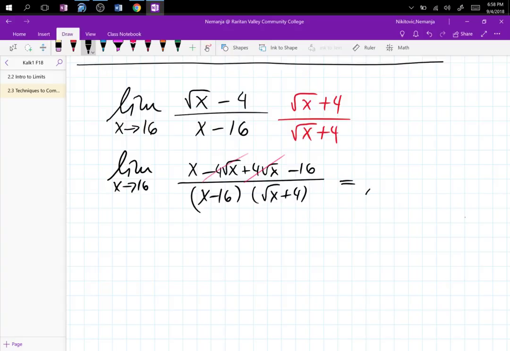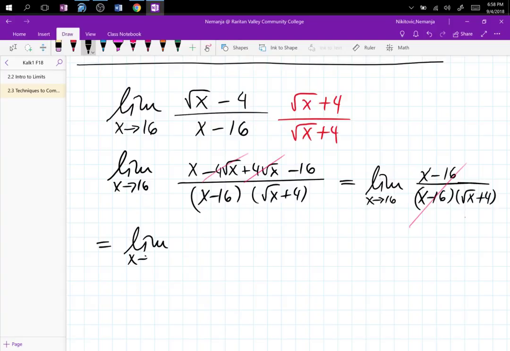And we get x minus 16 over x minus 16 times root x plus 4. Now these cancel as x goes to 16, and all I have is the limit as x goes to 16 of 1 over root x plus 4, which is 1 over 8.